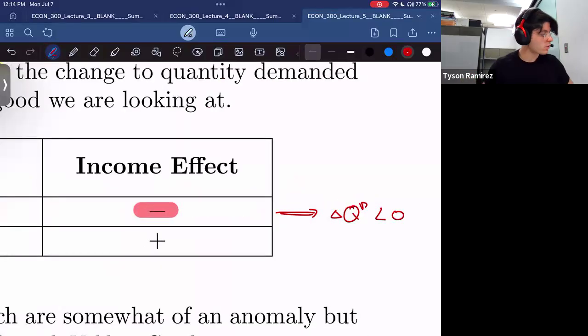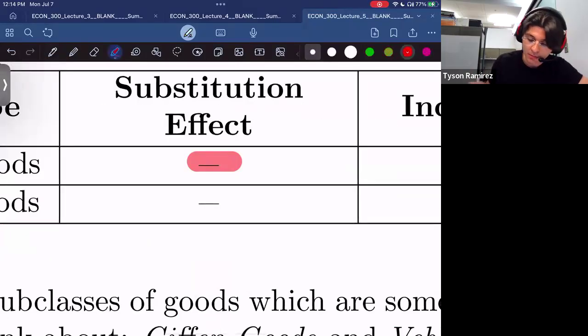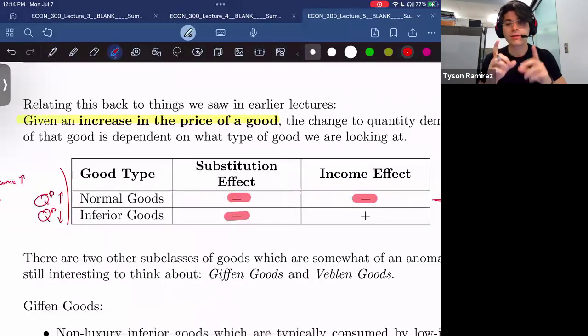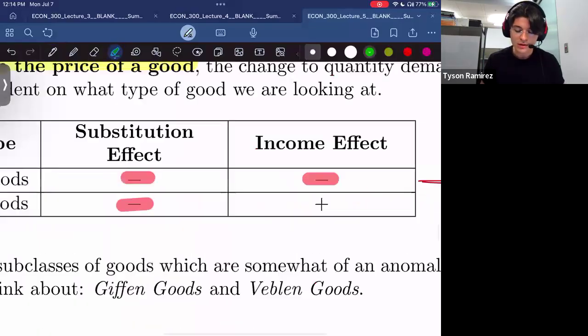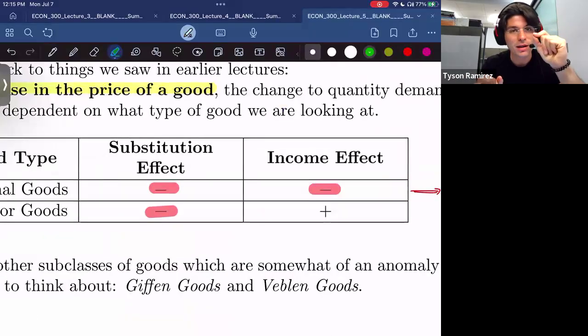Whereas for an inferior good, yes, the price change is going to mess with the price ratio. It's going to affect marginal utilities, and thus the substitution effect is still going to be negative. However, the income effect component, remember, is the change in demand that occurs due to a decrease in purchasing power.